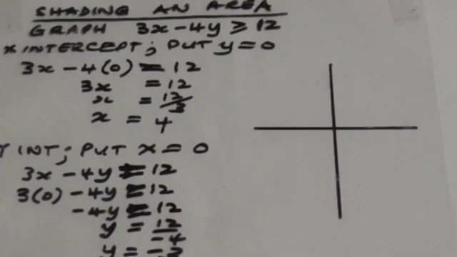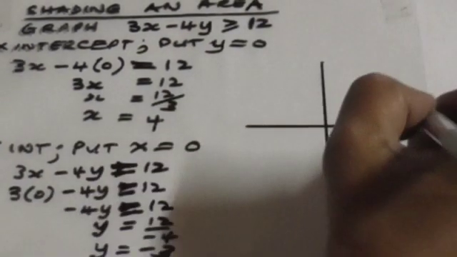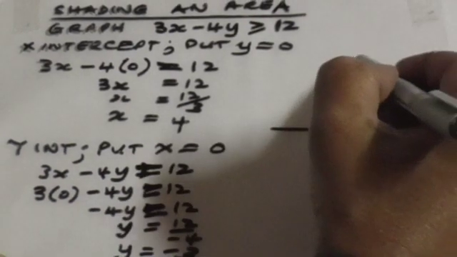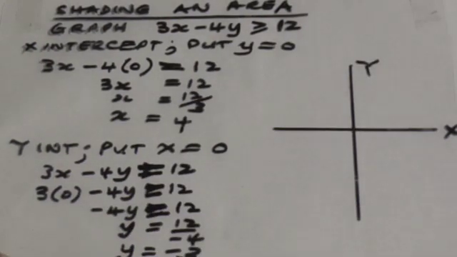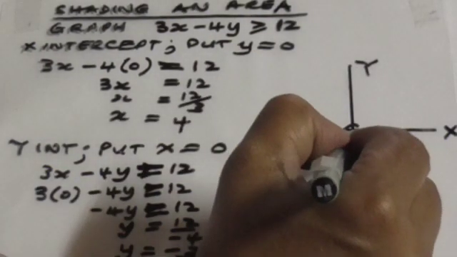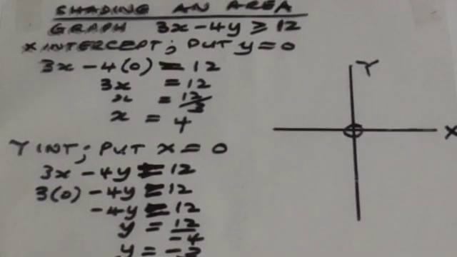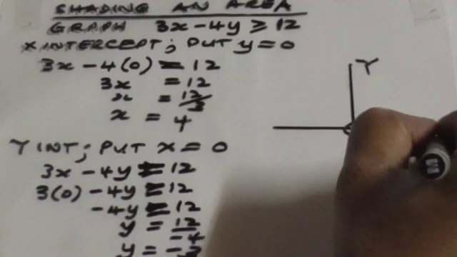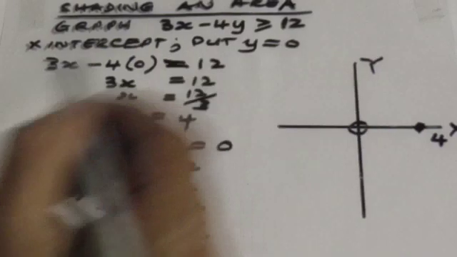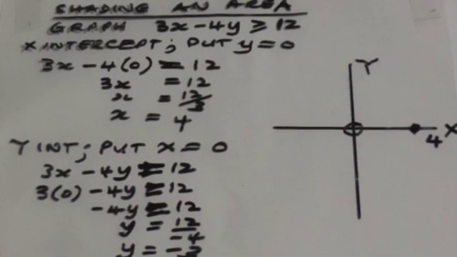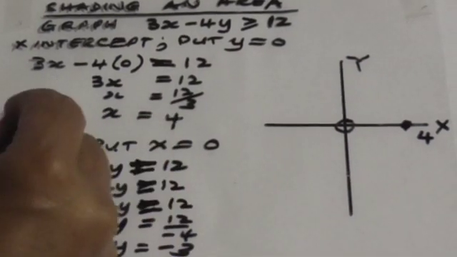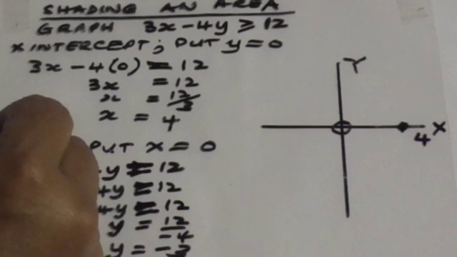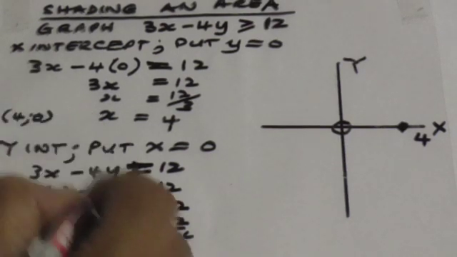Now, the x-intercept, x is equal to 4. There's your x-axis. There's your y-axis. There's your origin. Now, x is equal to 4. So there's 4 here. You plot 4. This is actually (4, 0).